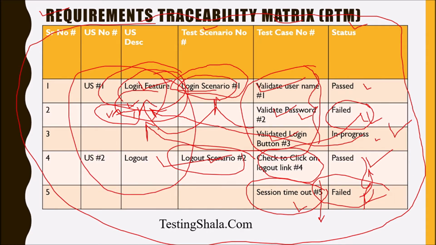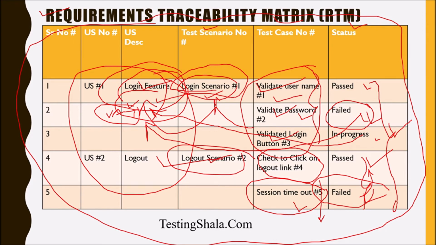So requirement traceability matrix is a very useful document that would help the stakeholder to make a decision whether we need to really sign off the test closure or we'll have to wait until all the test coverage is done, we have enough test scenarios, we have enough test cases, and all those cases have really passed or not.